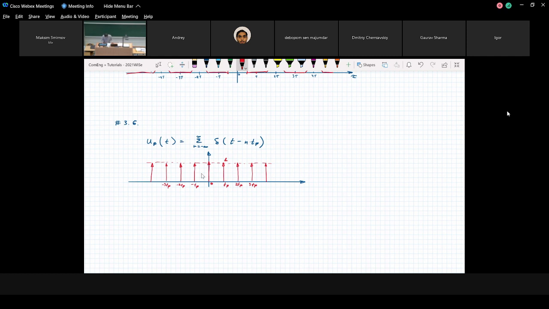What else? We also say that it's our signal subscript p in the time domain. Now we calculate the transform to find the spectrum.